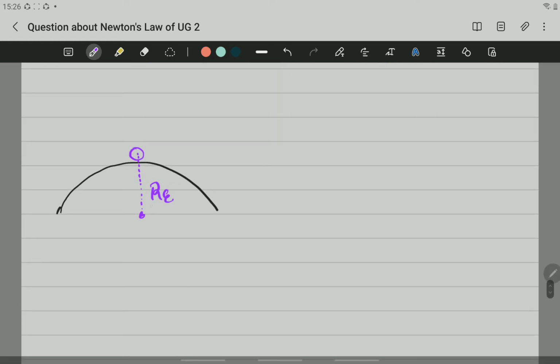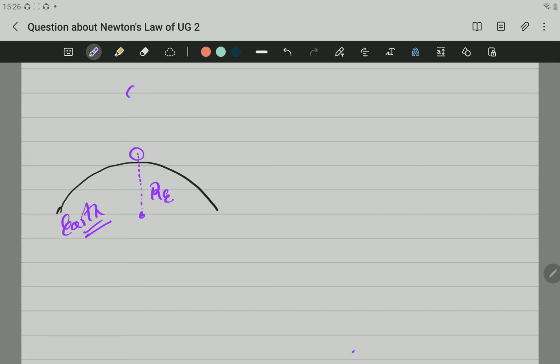Here is more or less, this is the Earth, right? This is the surface, the satellite is there on the surface, and that is more or less the radius of the Earth. Now the satellite is going to be somewhere further away, and they want to know what is the distance now.